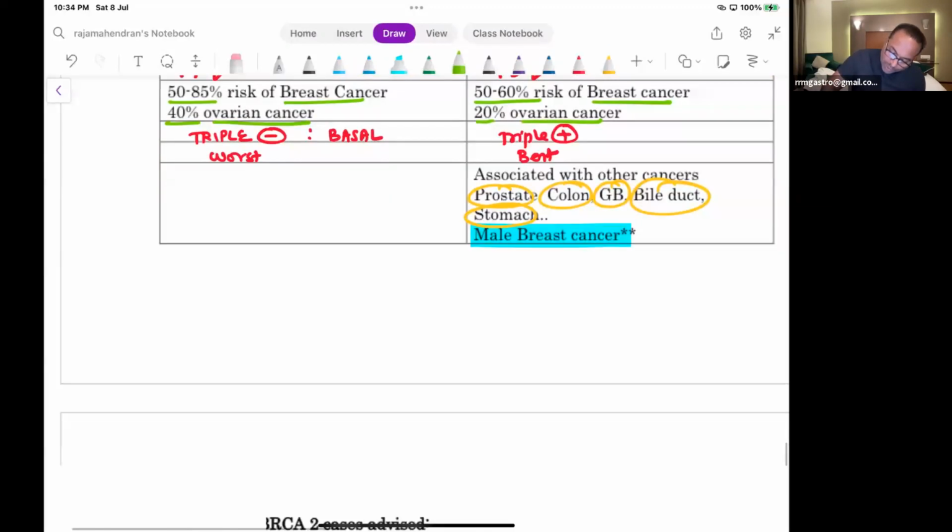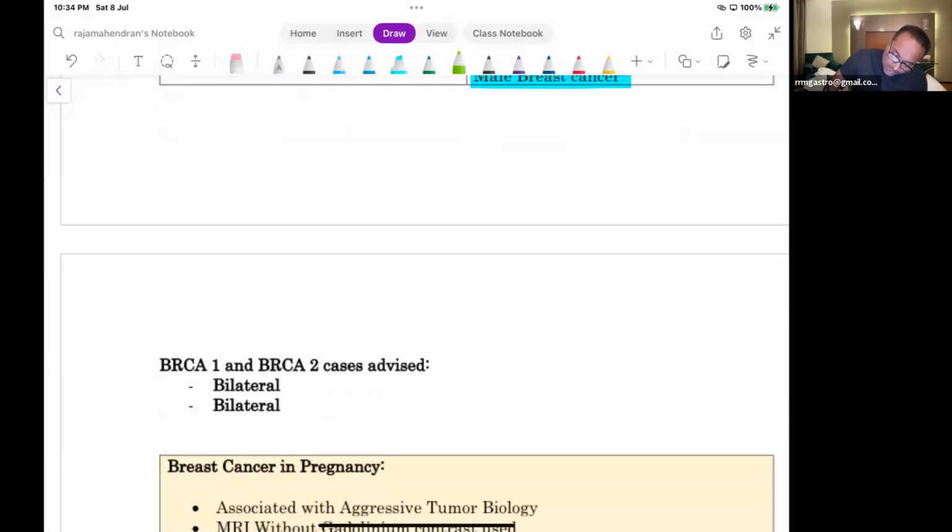We should advise them, both the cases, to undergo bilateral simple mastectomy and also bilateral salpingo-oophorectomy prophylactically. They should undergo this operation early.